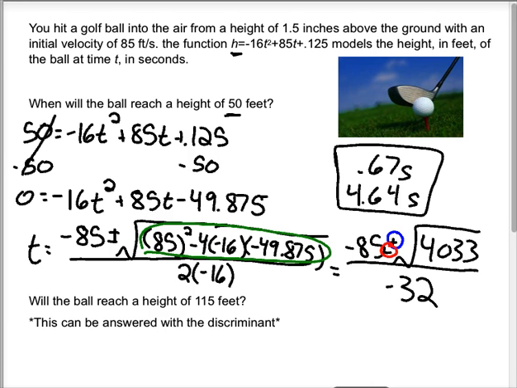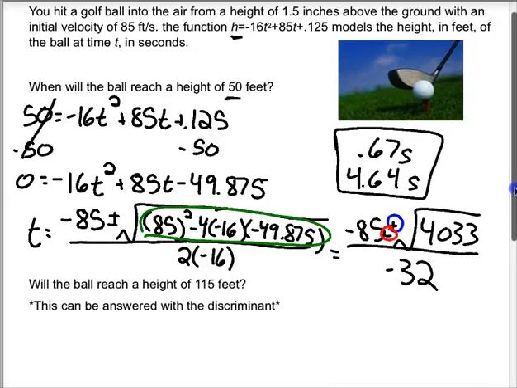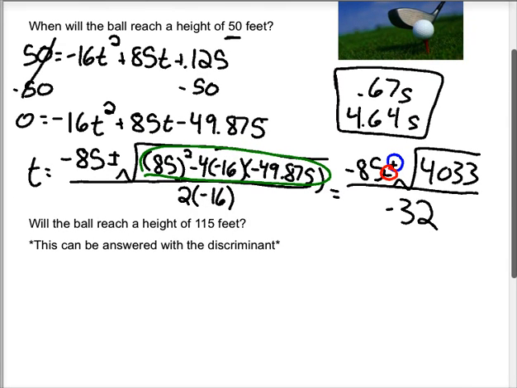Now there's another way that we can use this equation. So what if I were to ask you, will the ball reach a height of 115? So basically it's asking, is there a solution when the height is at 115? So the cool thing is, you don't need to do the whole quadratic formula. All you need to do is the discriminant.